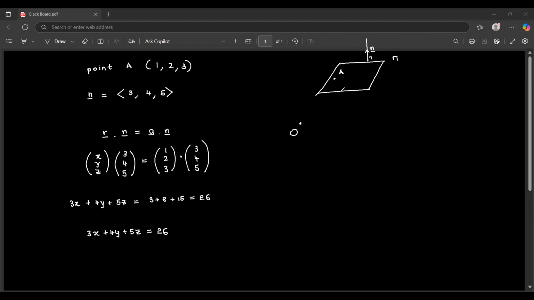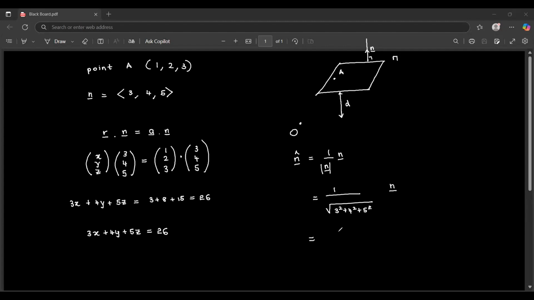If you want to find the perpendicular distance between the origin and the given plane, what you have to do is first find the unit vector of n. And we know how to find the unit vector. It's just n over modulus of n. That will be equal to 1 over square root of 3 squared plus 4 squared plus 5 squared, into n.